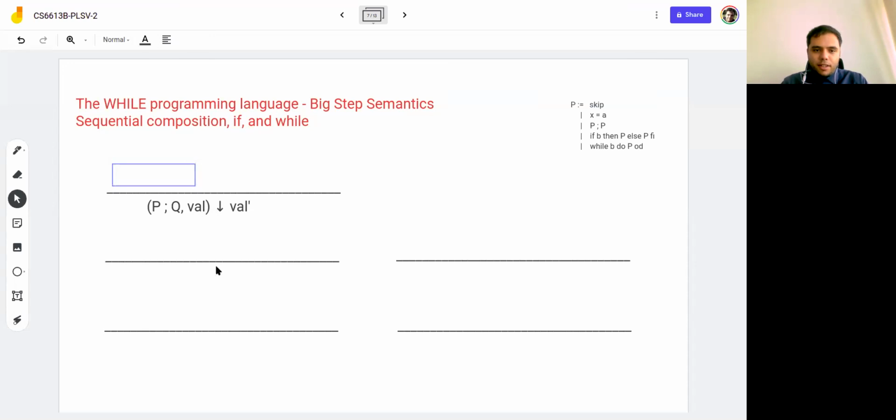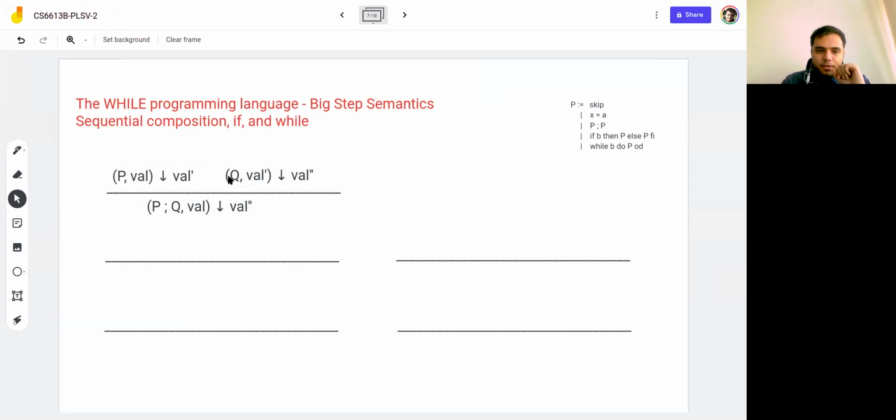Let's see what happens. Let's say that I execute P over val, and it ends up somewhere, let's say, val double prime. Then I have to write, to execute Q from the valuation that we had at the end of the execution of P, and see where it lands.